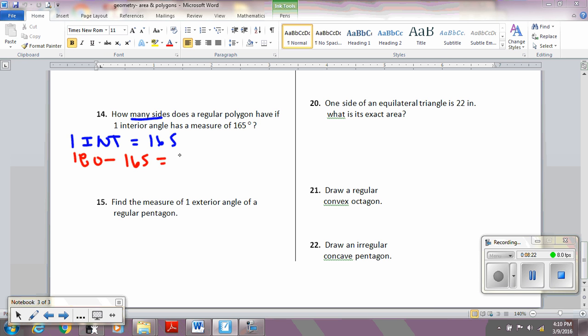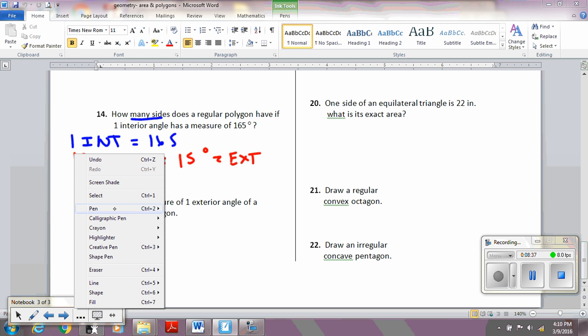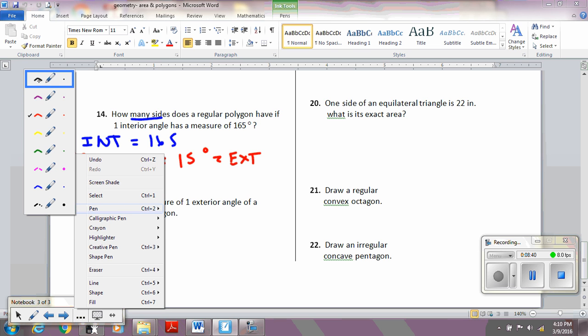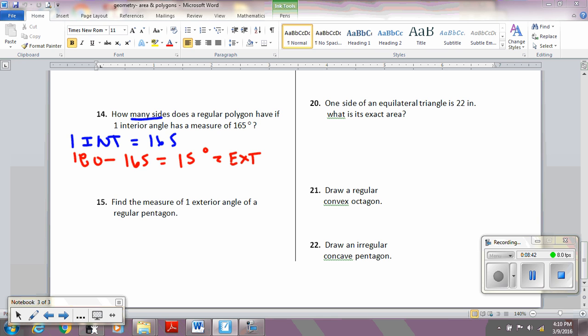And you would end up with 15 degrees as the exterior angle. And now that you know the exterior angle, use the exterior angle formula to help find how many sides. It's a much simpler formula to use than the interior angle formula.